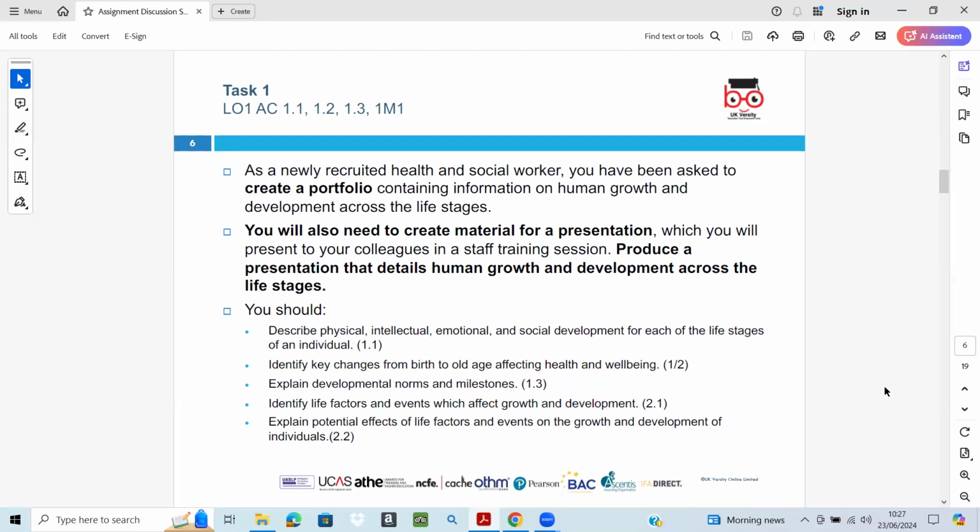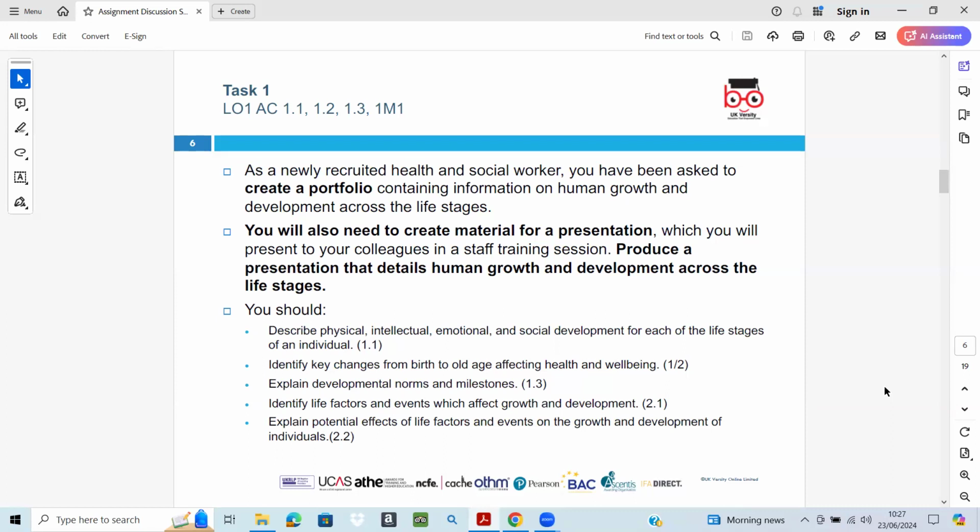We need to discuss how individuals develop physically, intellectually, emotionally, and socially from infancy to old age. We need to provide examples and characteristics specific to each life stage to illustrate the changes that occur. Then we have to identify key changes affecting health and well-being from birth to old age.